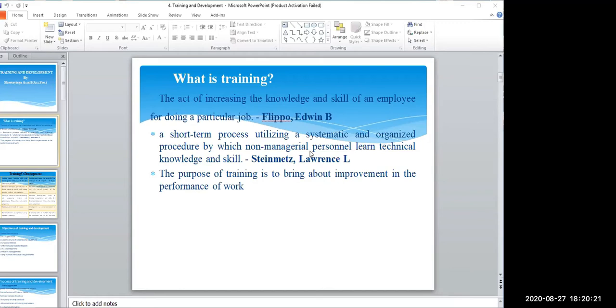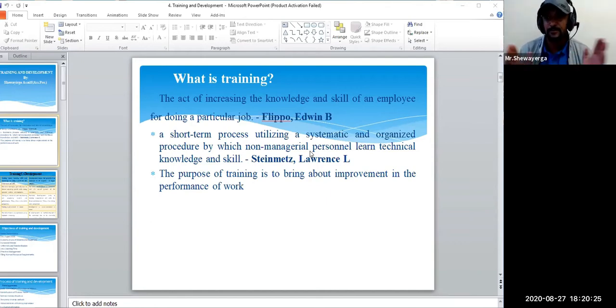That training directly applies to how to use a computer. That is training. So training is an act of increasing specific knowledge and specific skill to do specific jobs or specific tasks.